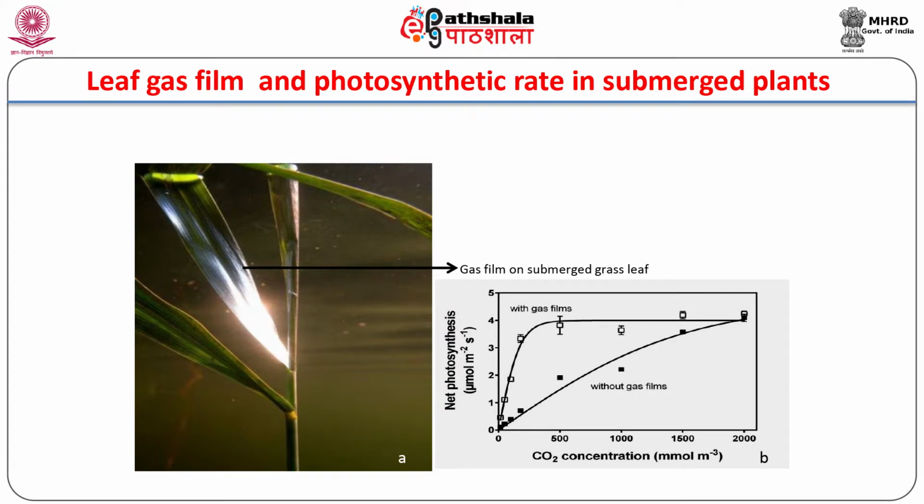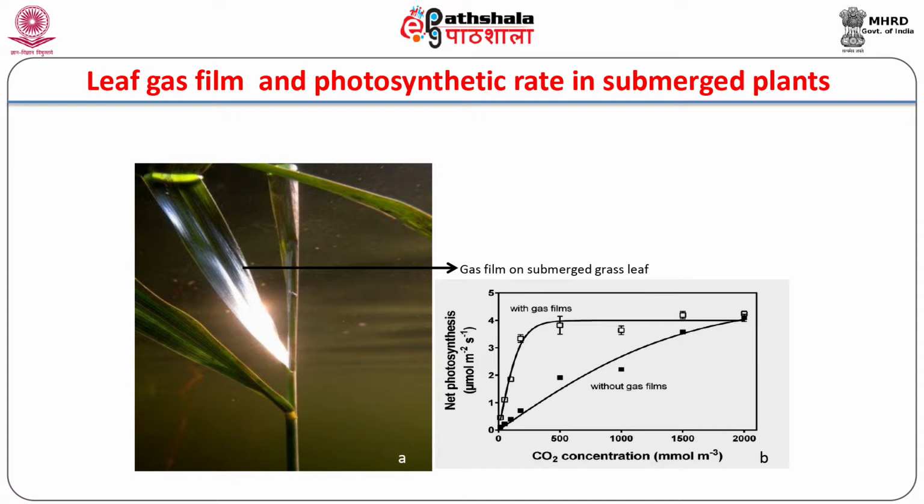Leaf gas film. A microlayer of gas has been observed around the leaf of submerged plants. These gas films are called plastrons and play a role in underwater oxygen and carbon dioxide exchange by increasing the water-gas interface. Such gas films also enable stomata to remain open.